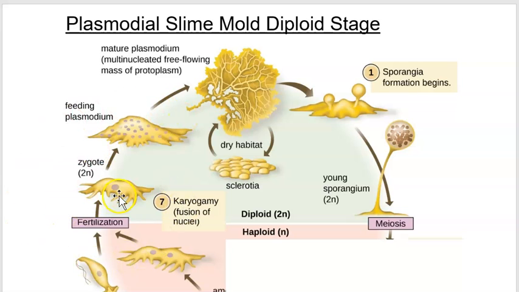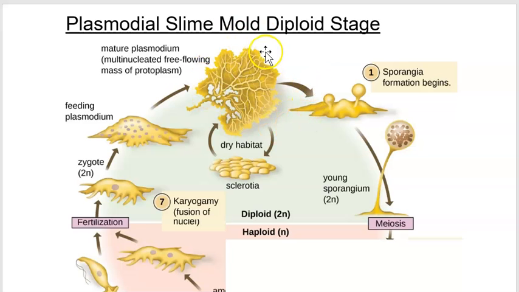And the diploid form is going to grow up and make that plasmodium that is effectively doing schizogony. You end up with this multinucleated mass of cell right here, and some of these things can be kilometers across in the forest, and they're just going to be decomposing things in the surrounding area there.